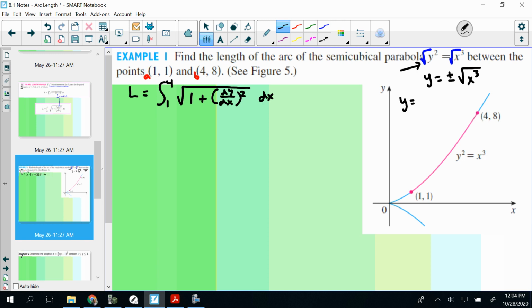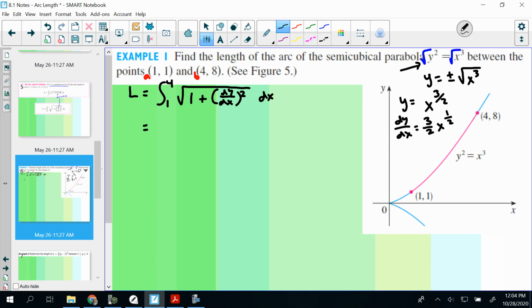We'll just use y equals the positive value. Another way of writing the square root of x cubed would be x to the 3/2. So our derivative, y prime, or dy/dx, is going to be 3/2 x to the 1/2. So that's our derivative.